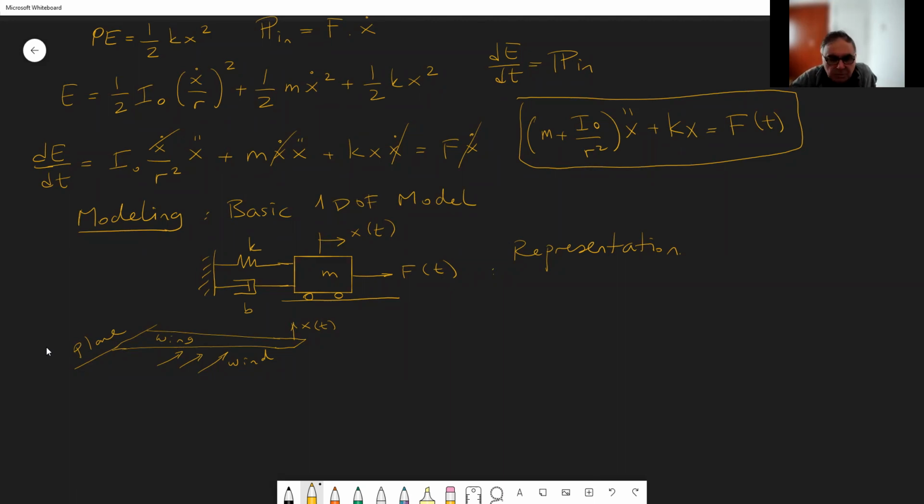For example, you might decide to use a very sophisticated finite element model like this. You divide it into very small finite elements, in which case you will have a very high degree of freedom system. This is a sophisticated or complex model.